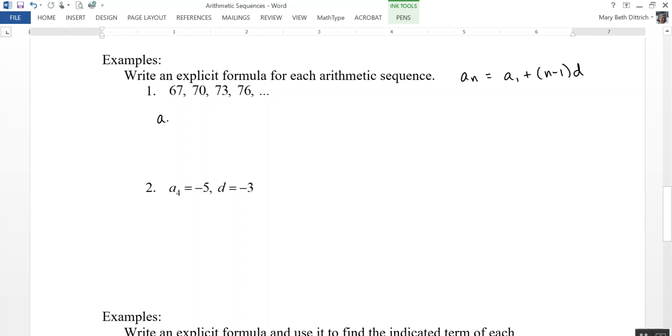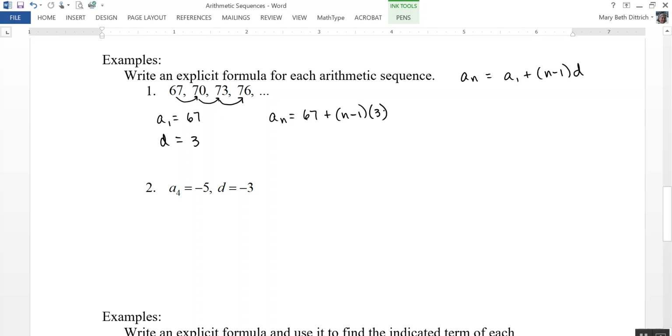So obviously here my first term is going to be 67. My common difference is what I need to add as I go from one term to the next. And this one's rather easy to see. I can see that my common difference is 3 because each time I add 3. So my formula is going to be a sub n equals 67 plus n minus 1 times 3.